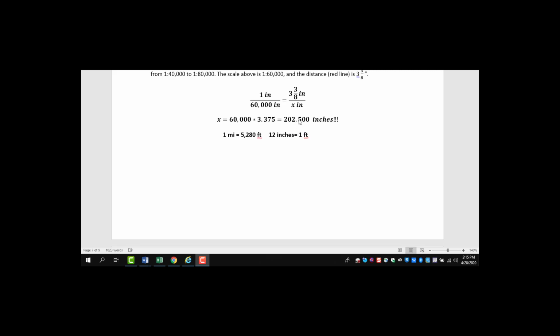I'm going to take 202,500, and that's inches, and multiply it by 1 foot over 12 inches. And then as the inches cancel, then I want the feet to go away, so they better be in the denominator.